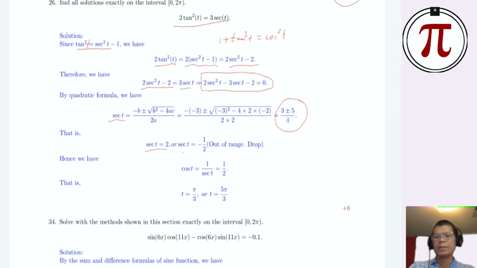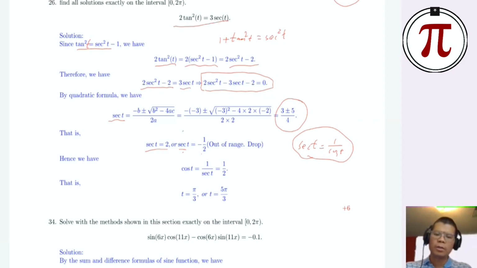Right? Okay. However, secant t equals 1 over cosine t. Now, this one cannot be in between negative 1 and 1 because it's 1 over cosine, right? Cosine is between negative 1 and 1, so 1 over cosine will be greater than or equal to 1 or less than or equal to negative 1.